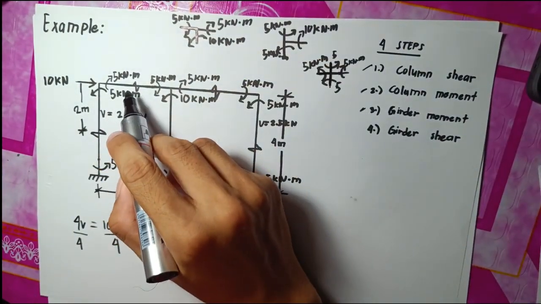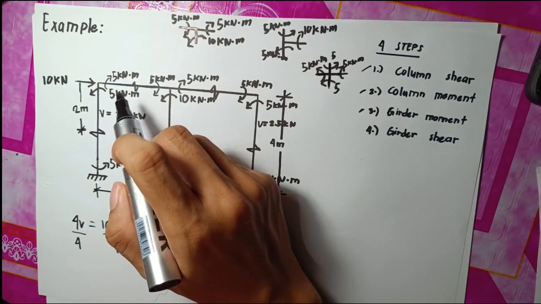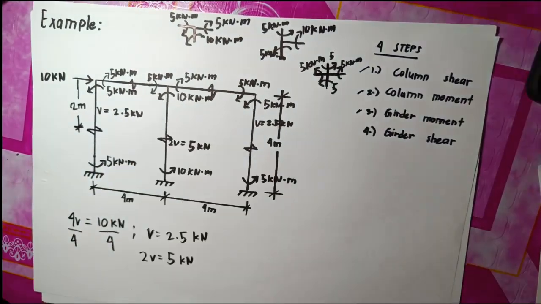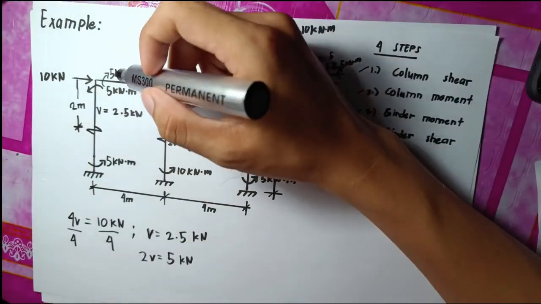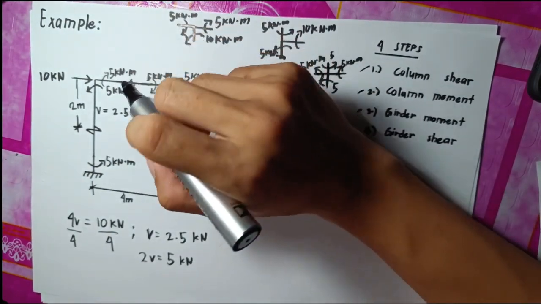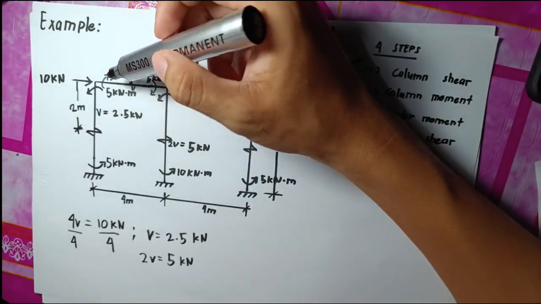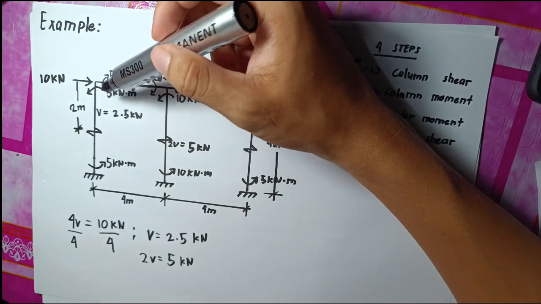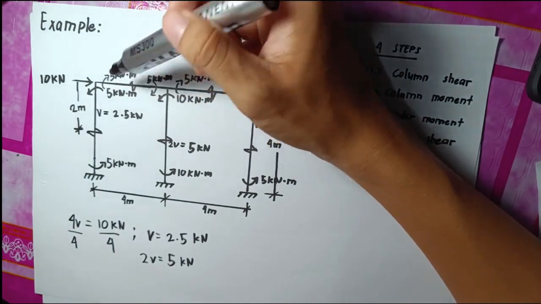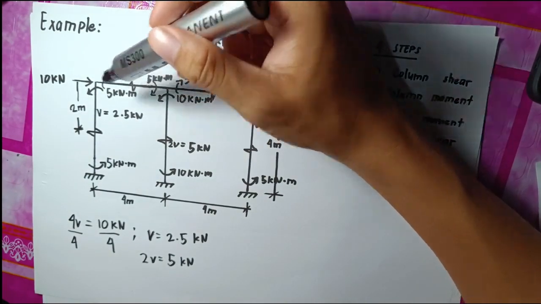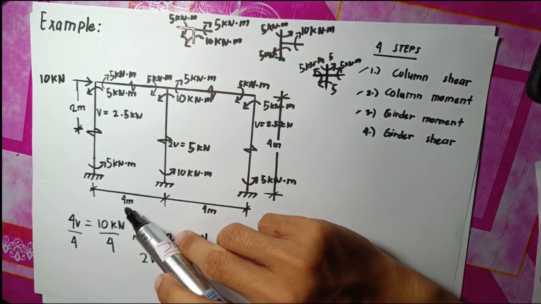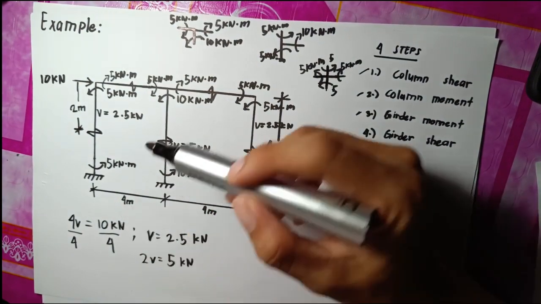The point of inflection is at the center of the girder. In order to get the value of the girder shear, we must add the girder moments and divide by the 4 meters.